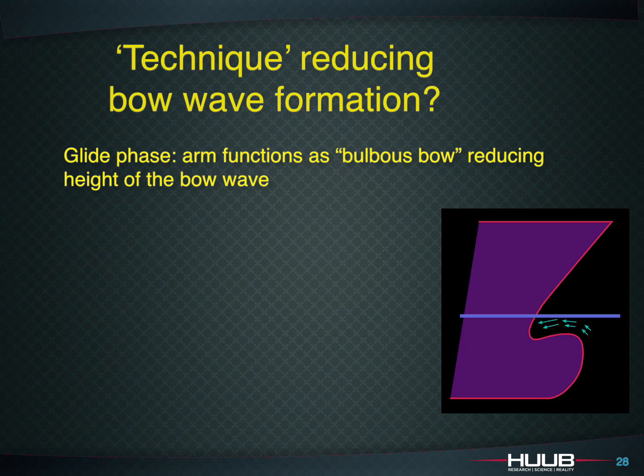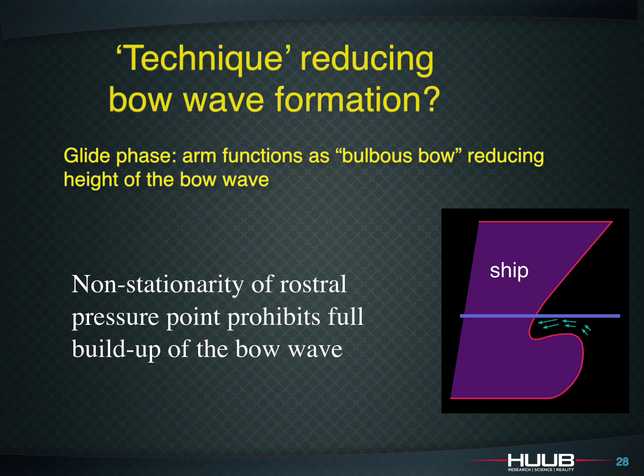Could it be that the arms, the gliding arms, function as a bulbous bow, reducing the height of the bow wave? Well, it could be. But it may be interesting to look a little bit more at the non-stationarity of the rostral pressure point. It's non-stationary in the sense that in ships the ship hull is always the same, has the same form, is always in the same position, and in the swimmer it's moving about.